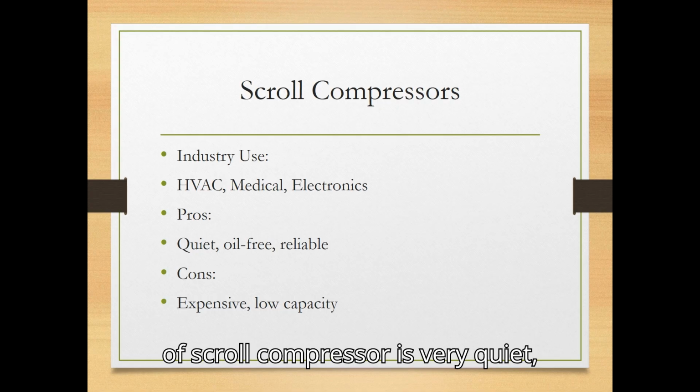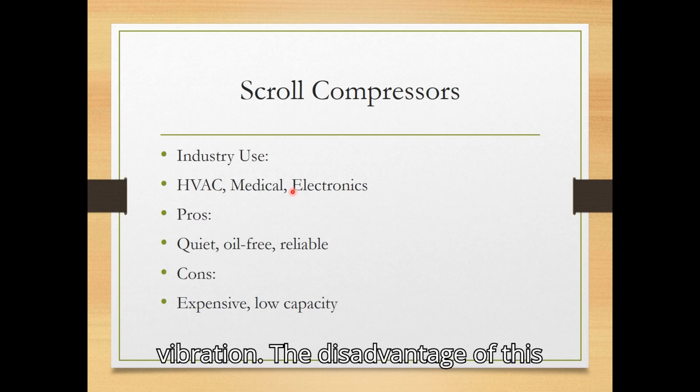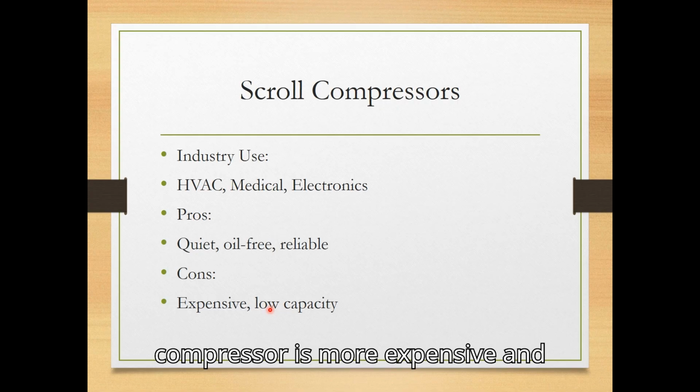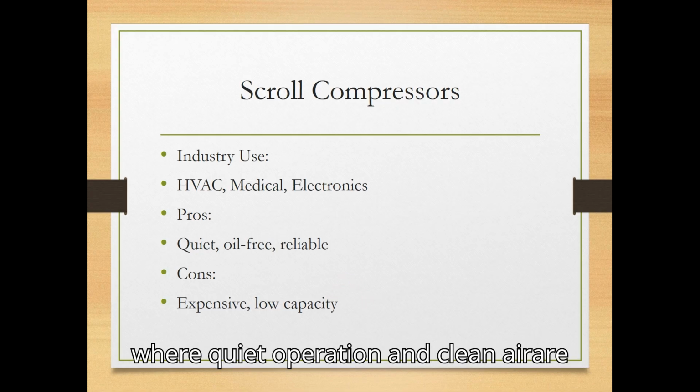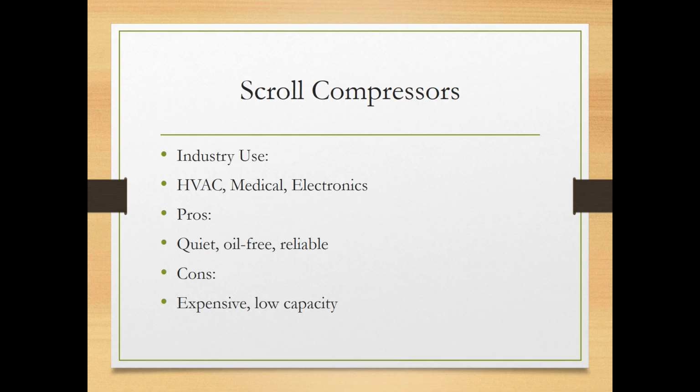The advantage of scroll compressors is that they are very quiet, oil-free, reliable, and low vibration. The disadvantage of this compressor is that it is more expensive and limited in capacity. That's why you often find scroll compressors in hospitals where quiet operation and clean air are necessary.